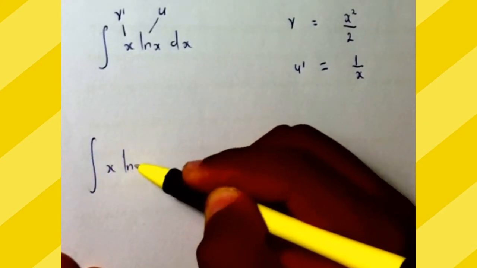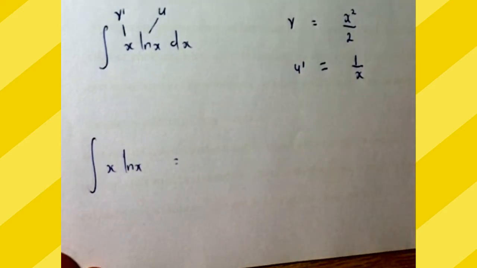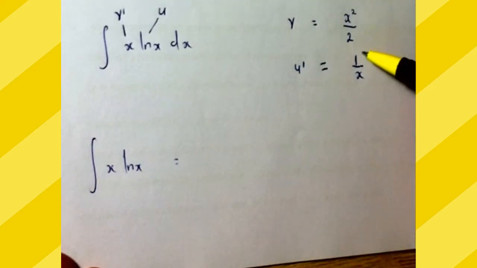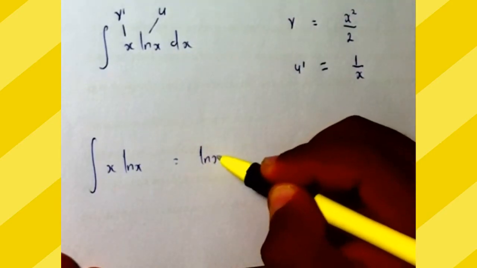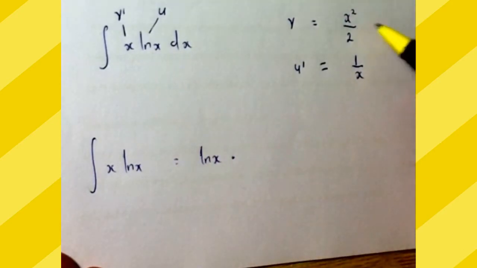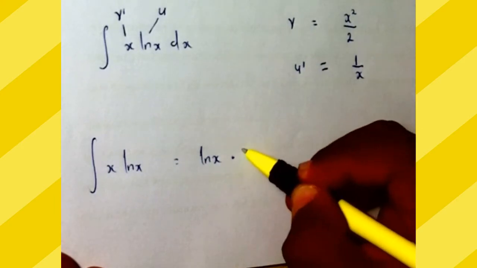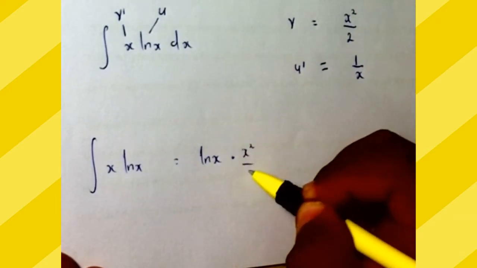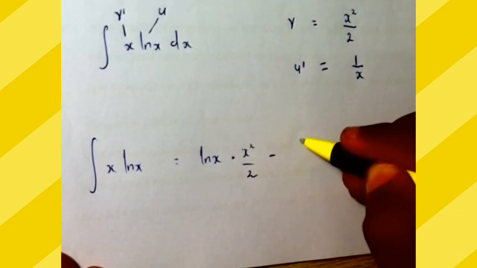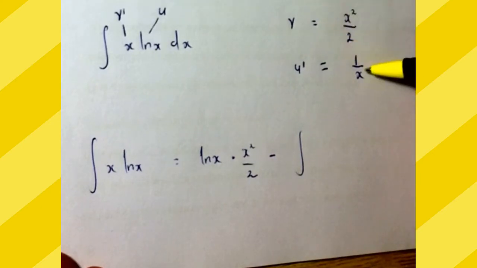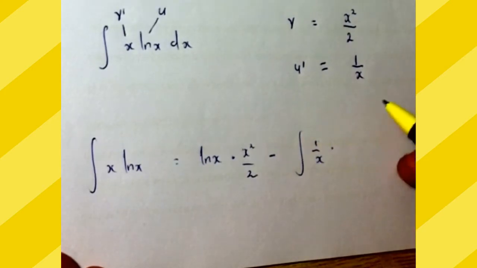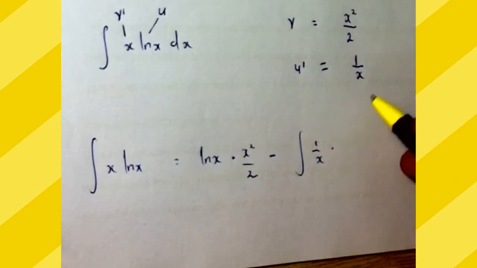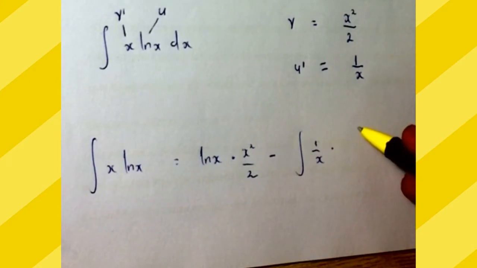Now substituting into my formula, I have the integral of x ln x equal to, here this is going to be my u, so it's ln x multiplied by my v, which is x squared divided by 2, minus the integral, the derivative of u is 1 over x multiplied by v.